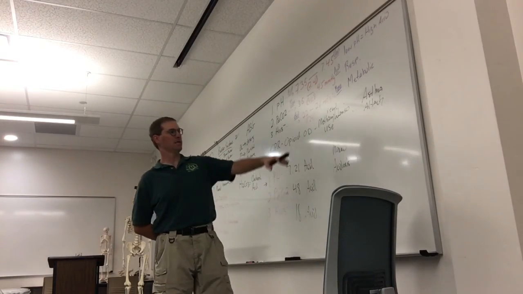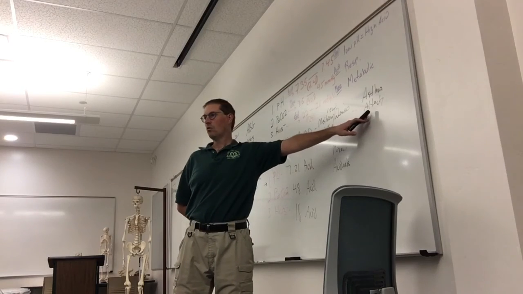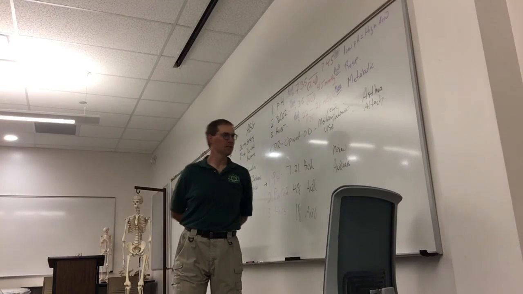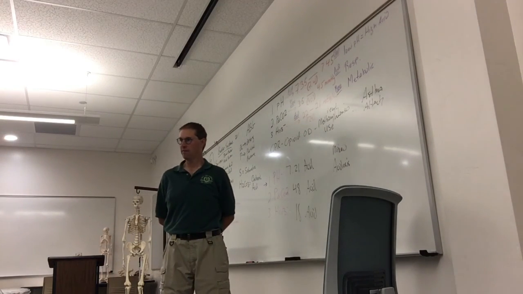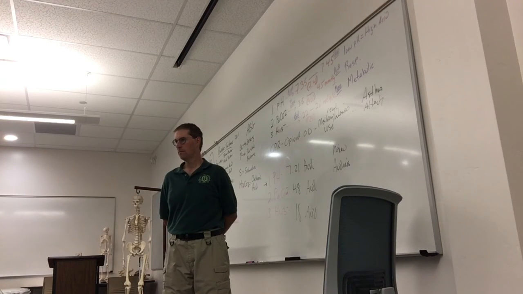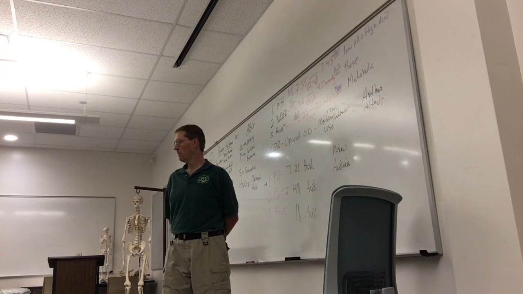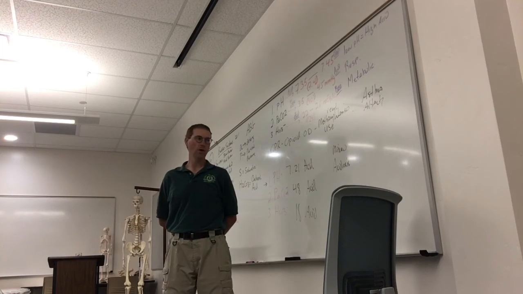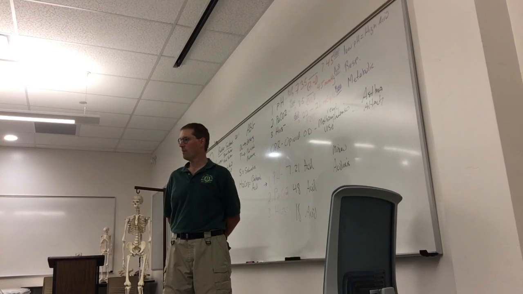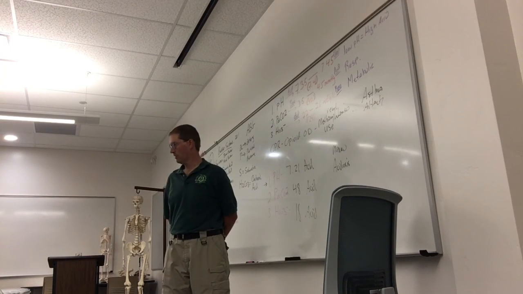Let's start with an asthma attack here. What would you likely see with someone having an asthma attack? Depends how far along they are. So in the early stages of an asthma attack, you will actually see an uncompensated respiratory alkalosis.